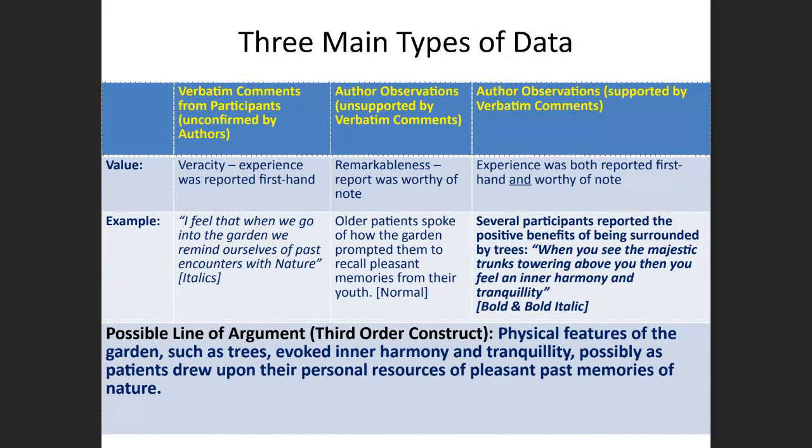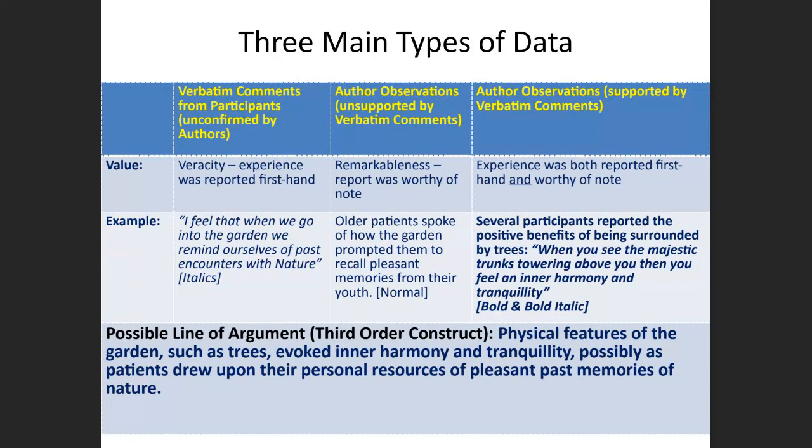And then finally, we have, if you like, a strengthened form of data where we have the verbatim quotation accompanied by an author observation. So it has both the veracity of experience and the remarkableness that the author has selected that data to present to us.